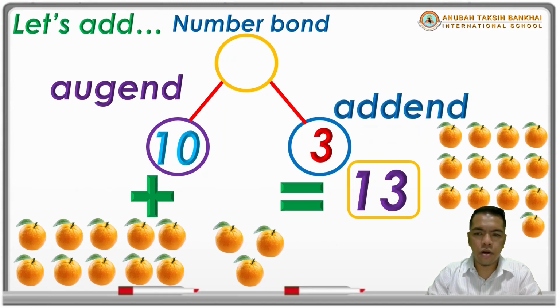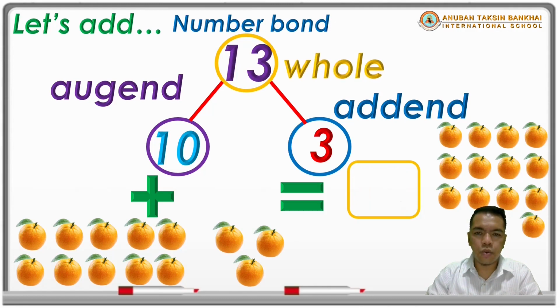There, we have our addend. Let's add them together. 10 and 3 makes how many? 13. This is our whole or our sum. 10 and 3 makes 13.